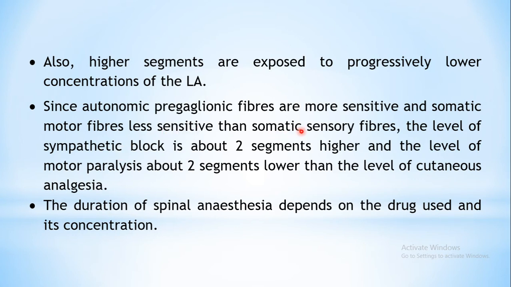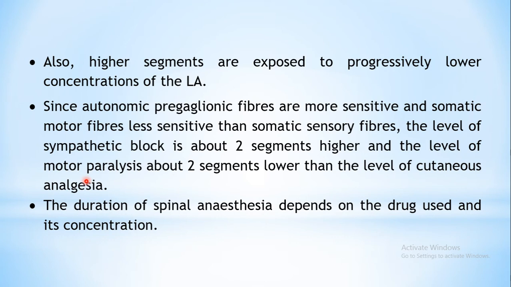Also if you compare the motor and the sensory fibers, the motor fibers are less sensitive as compared to the somatic sensory fibers. So sensory fibers are affected a little bit more. Motor paralysis is lower than the cutaneous analgesia.